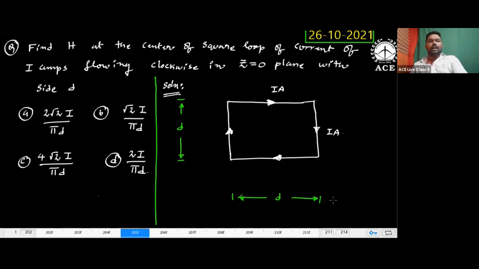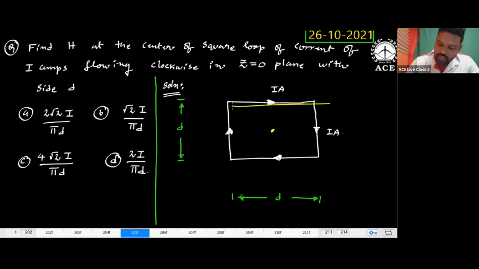What is the magnetic field? He is asking at the center, the geometric center. How do you find the magnetic field at the geometric center? I'll find the magnetic field due to each section and multiply by the number 4. Why like that?